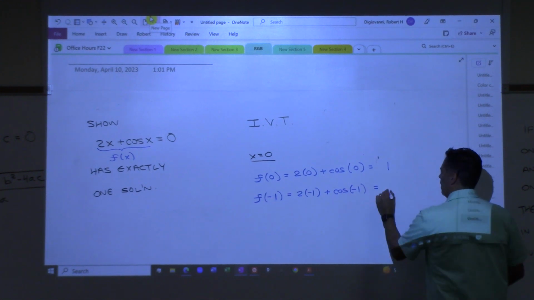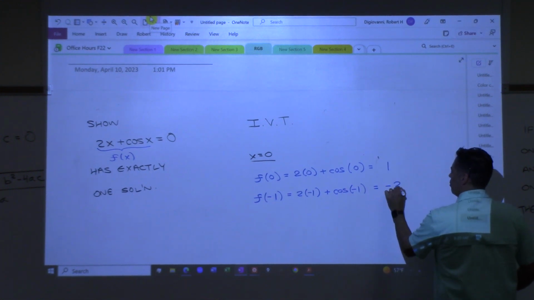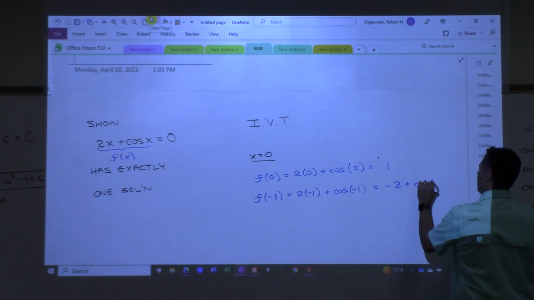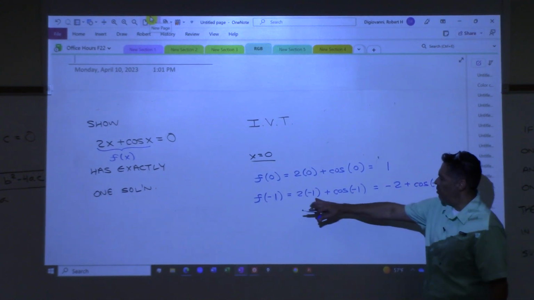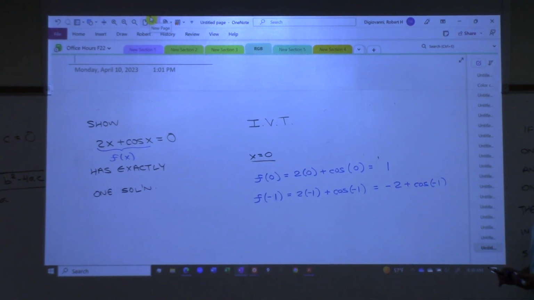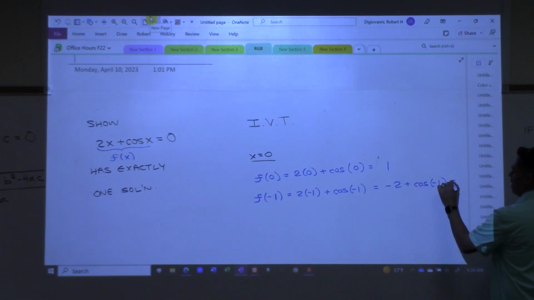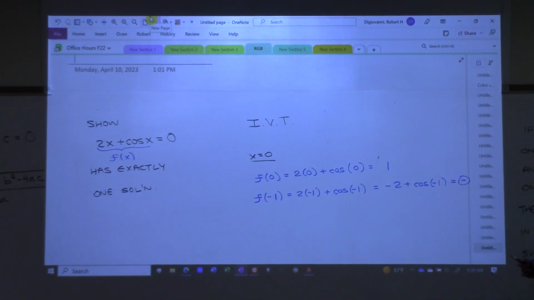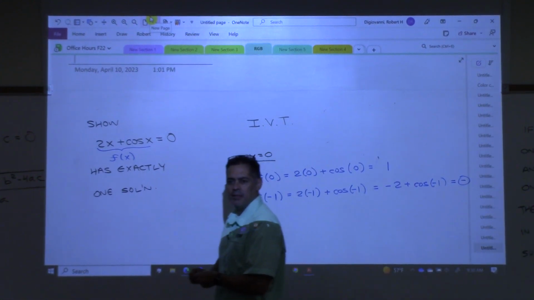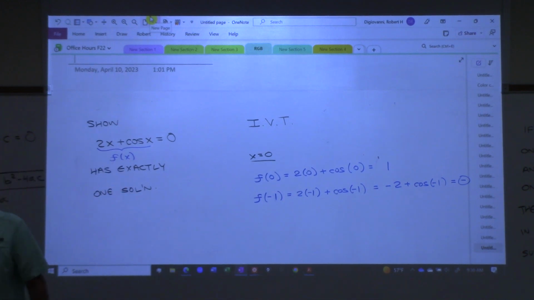That's going to be, what, -2 plus cosine of -1. Right, just multiplying those. And do you all agree with me that this has to be a negative number? Yes, no, maybe so. If yes, why? Why does that have to be negative? Any ideas? You got some?